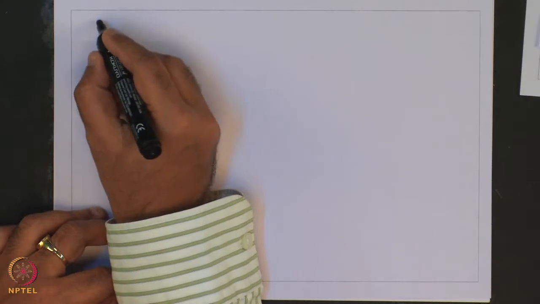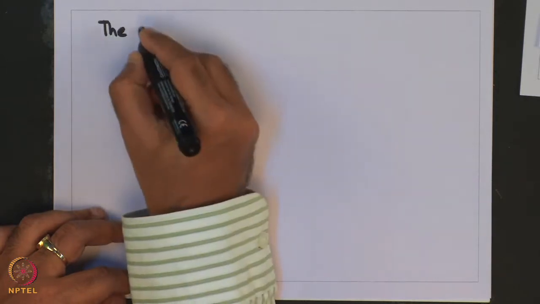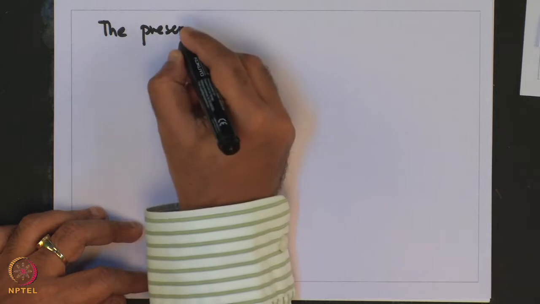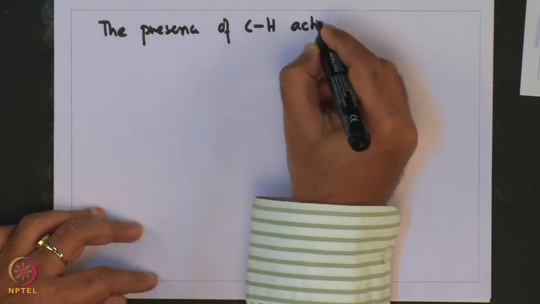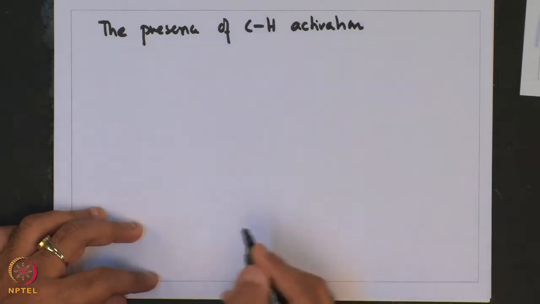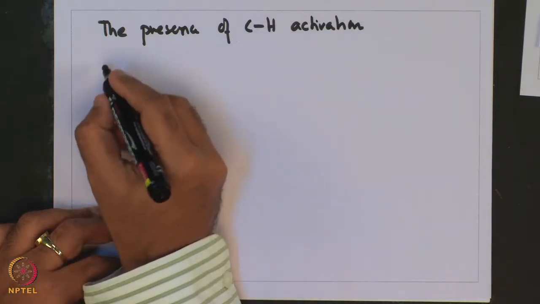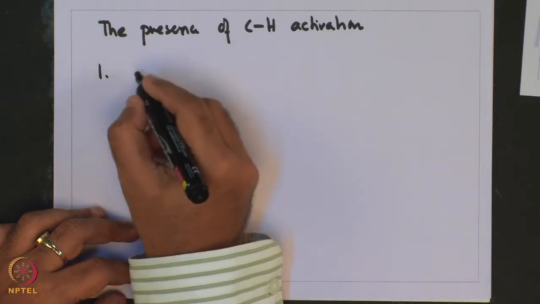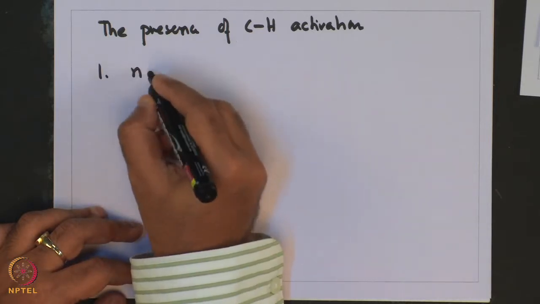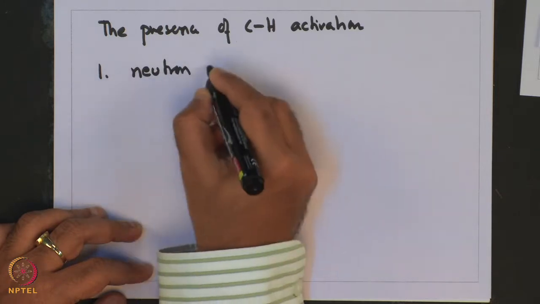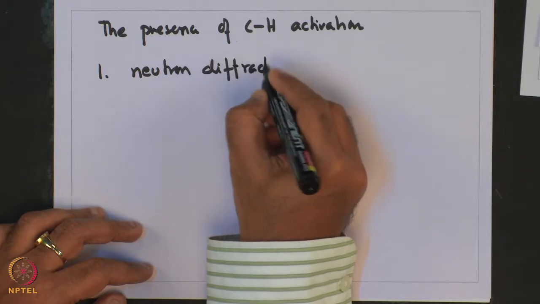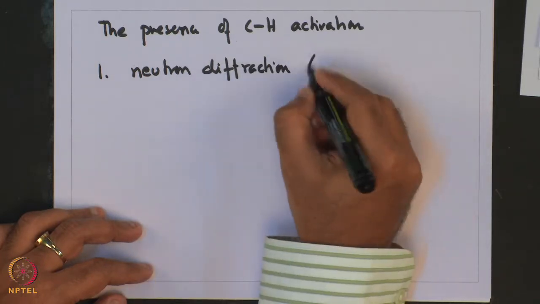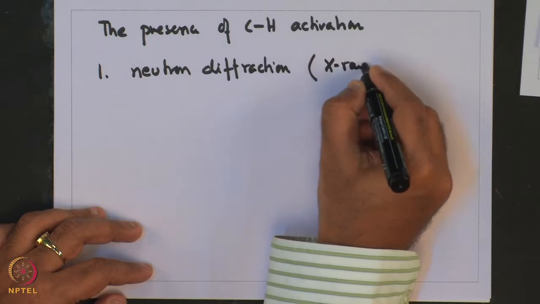So, one can say the presence of CH activation can be established by, let us say, neutron diffraction, to be more precise. Sometimes X-ray diffraction as well, where hydrogen is located.